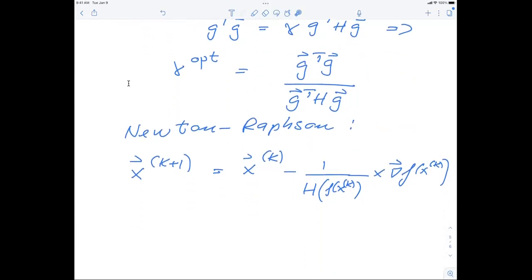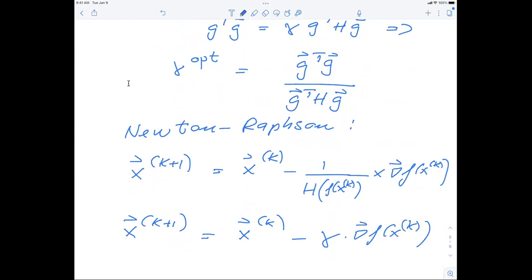So we could have written x of k plus 1 as x of k minus gamma multiplied with the gradient of x of k. This is a modification of the Newton-Raphson method.